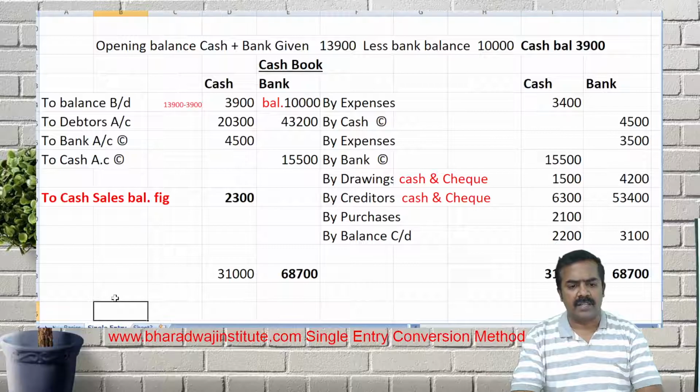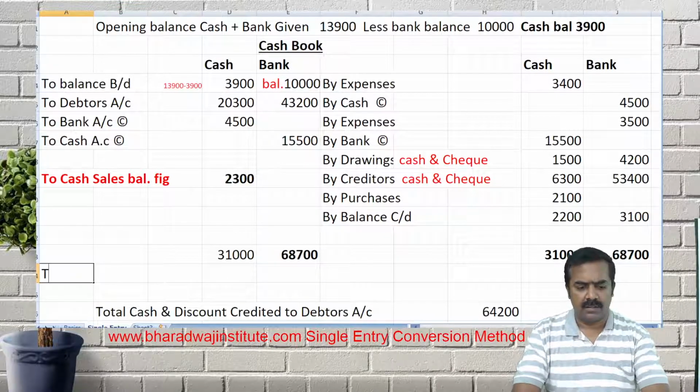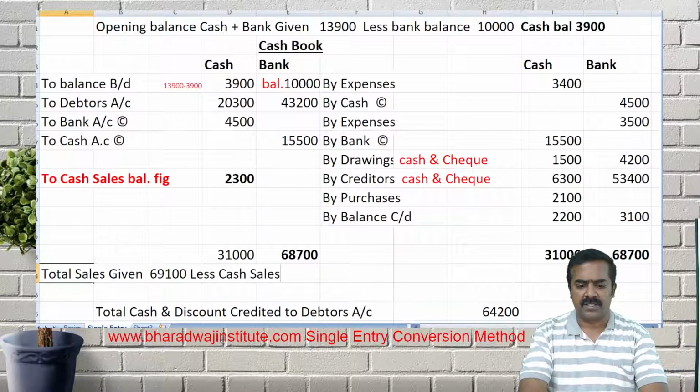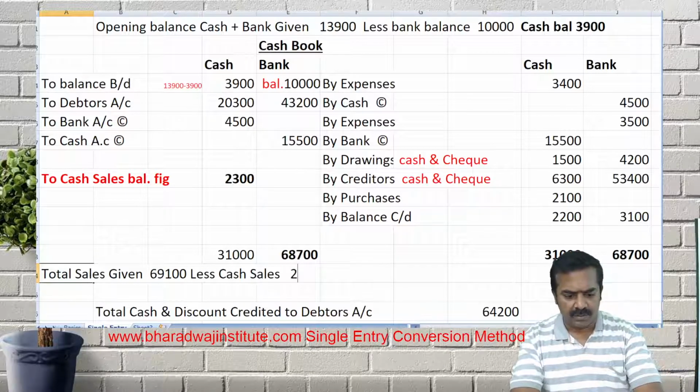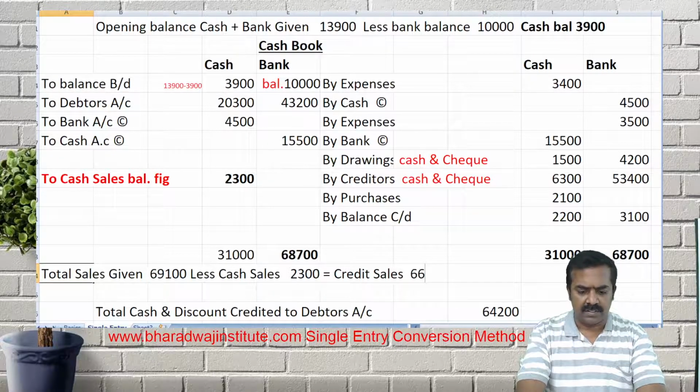Are we given total sales? Yes, sir. What is the total sales given in the problem? 69,100. In that we worked out cash sales now. What is the cash sales? 2,300. The balance will be credit sales. Credit sales how much? 66,800.